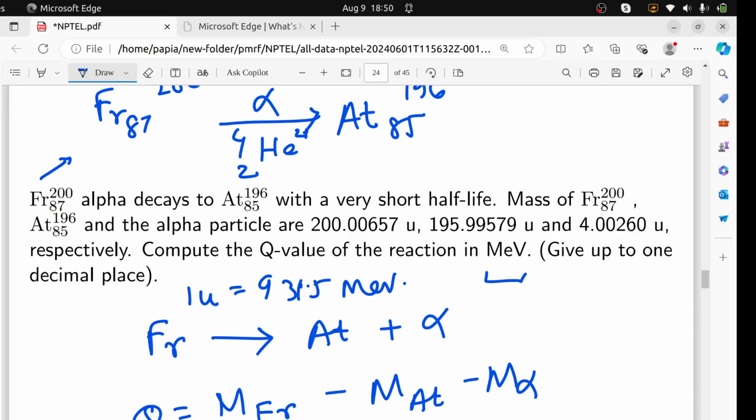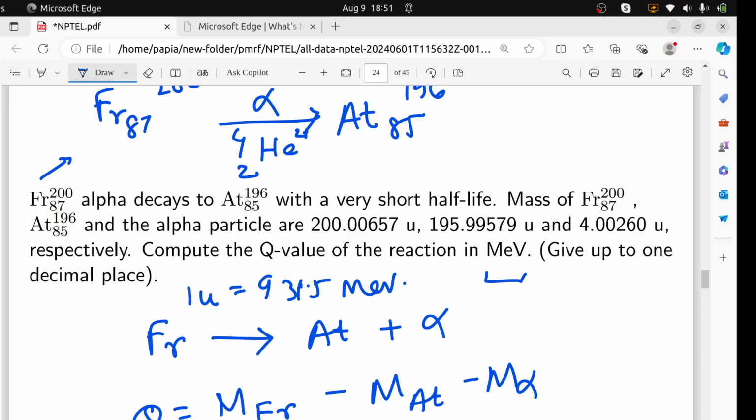But let's say it is an atomic mass. I will teach that in the next week also, like what is the difference between atomic mass and nuclear mass, and how we can deal with the Q value calculation with atomic mass and nuclear mass. So here I am just telling a little bit for completeness. If it is a nuclear mass, then it is fine, no problem. The alpha is also already a nucleus, so no problem there. If it is a nuclear mass, then the Q value I have written is exactly correct.